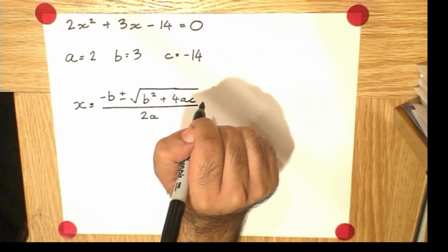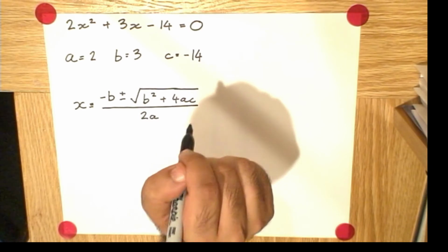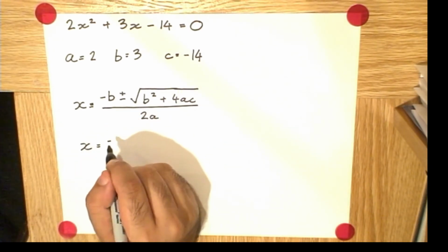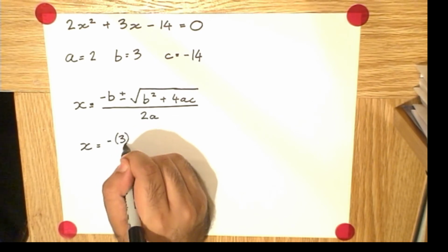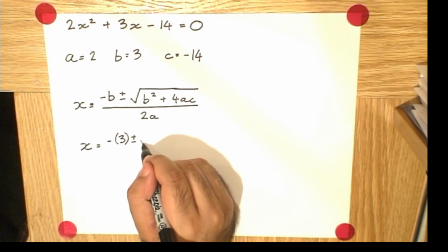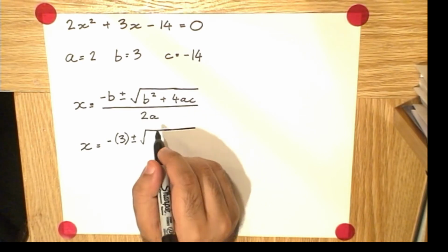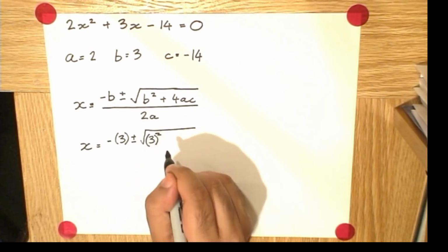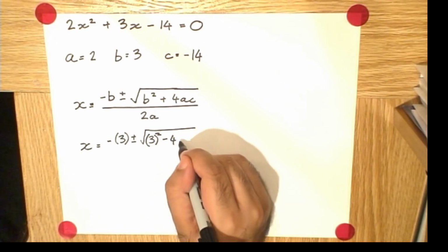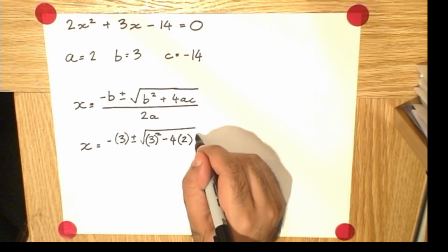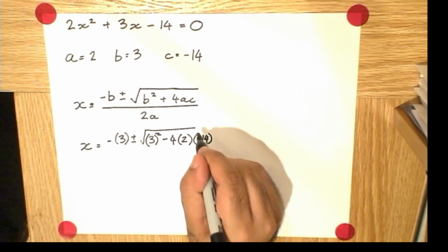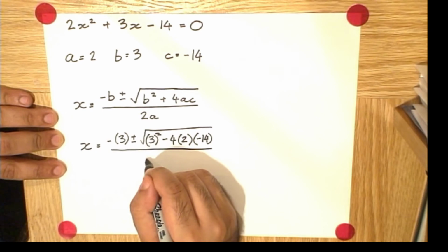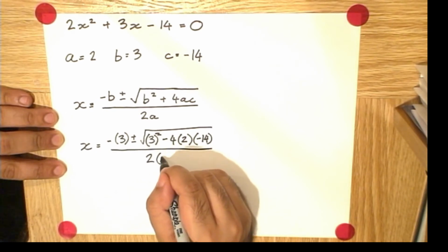Now, let's plug everything into the quadratic formula. X equals negative b, which is 3, plus or minus the square root of b squared minus 4ac, with c being negative 14, all divided by 2 times a, which is 2.